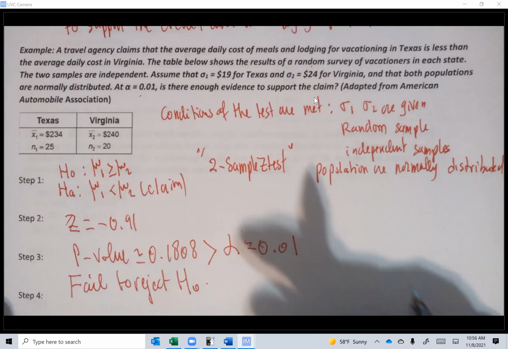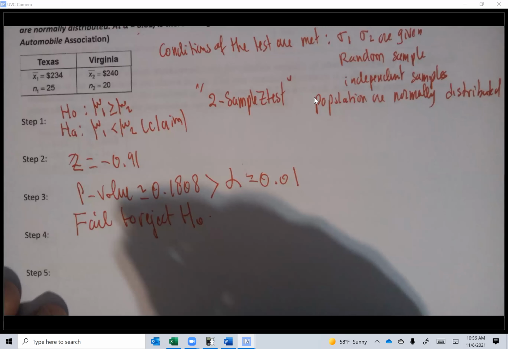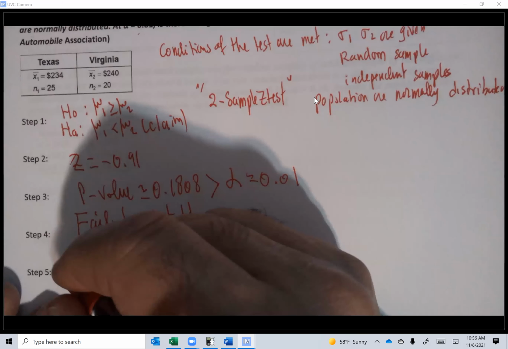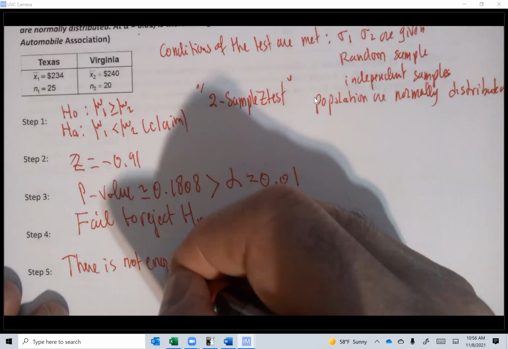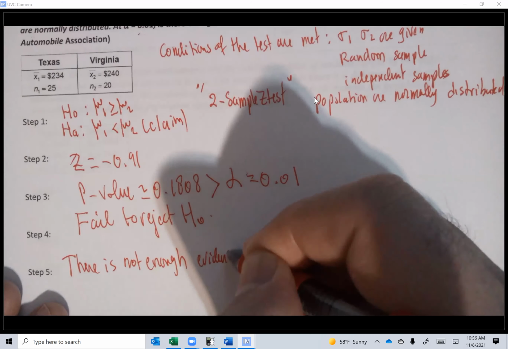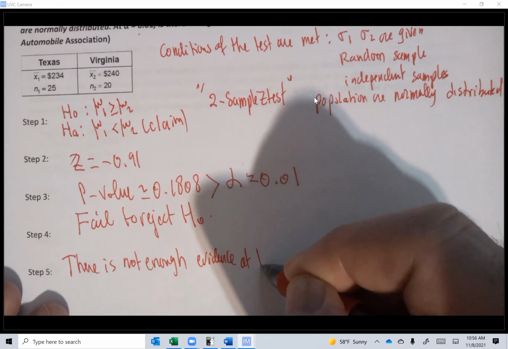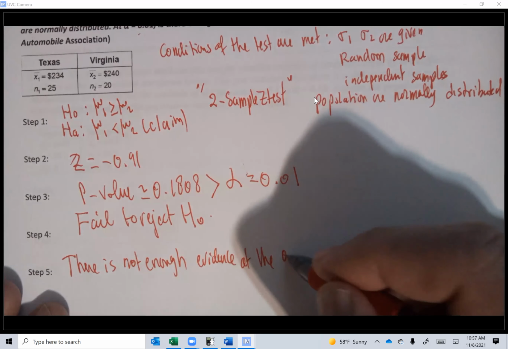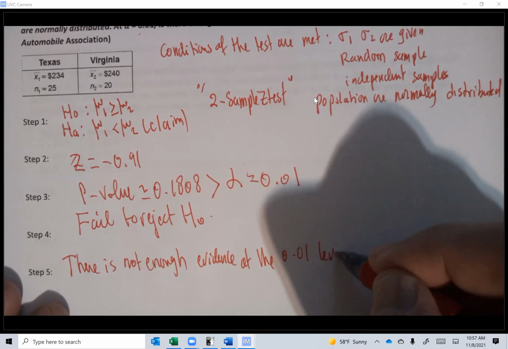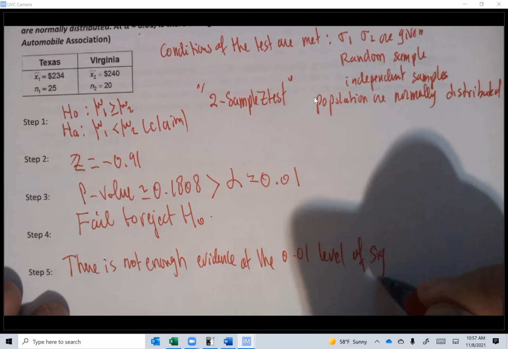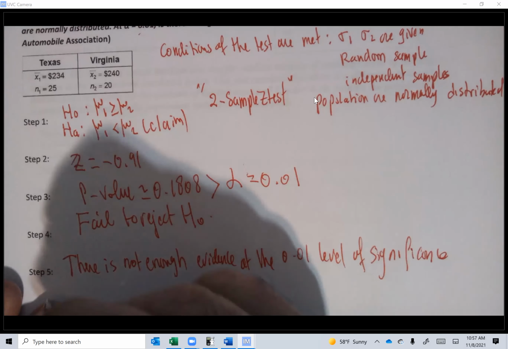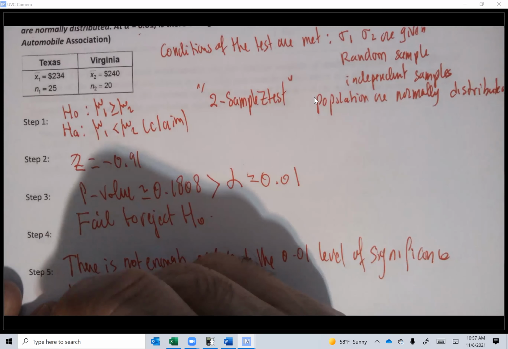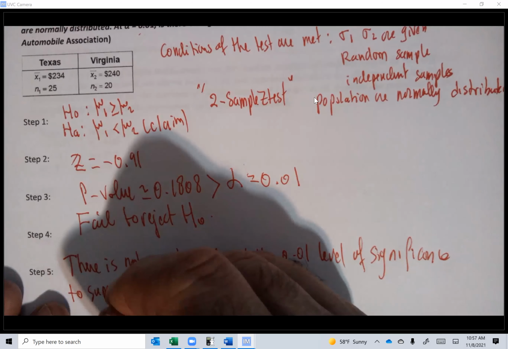And let's write the conclusion. There is not enough evidence at the 0.01 level of significance to support the travel agency claim.